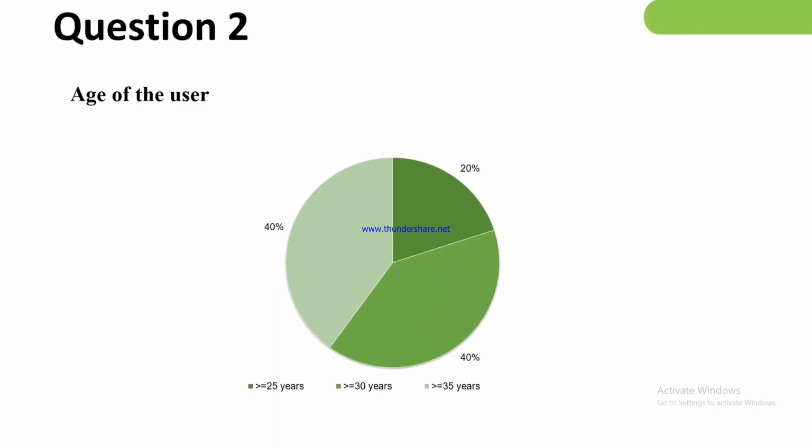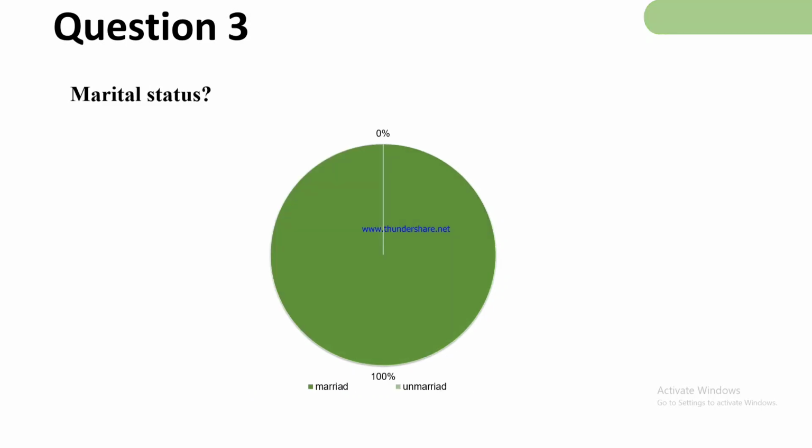Next, I asked the age of the user. 40% of users were less than 35, 20% were less than 25, and 40% were less than 30 years. Next, the marital status. All the users chosen in the interviews were married, so 100% of users are married.